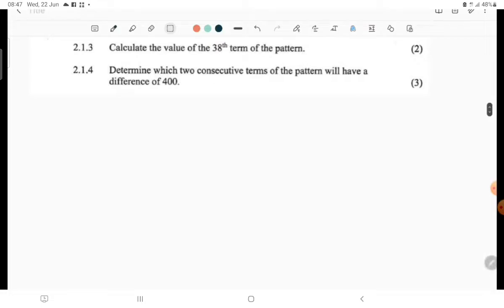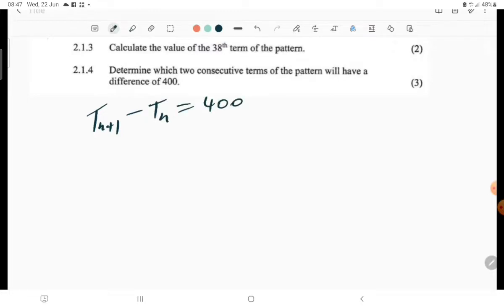Now, in as much as we know that we have t1, tn, then tn plus 1 minus tn is equal to 400.